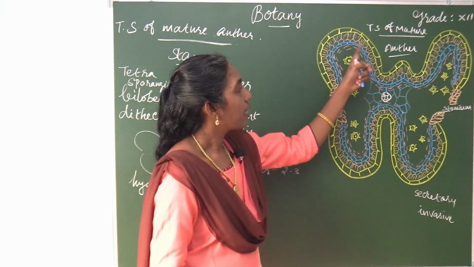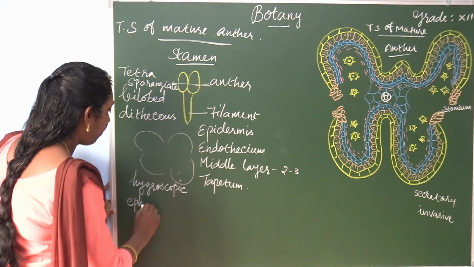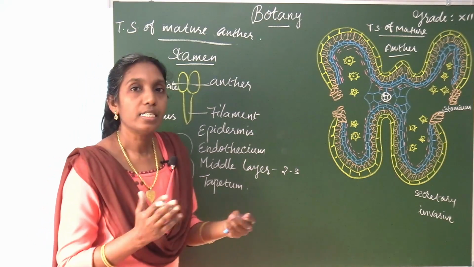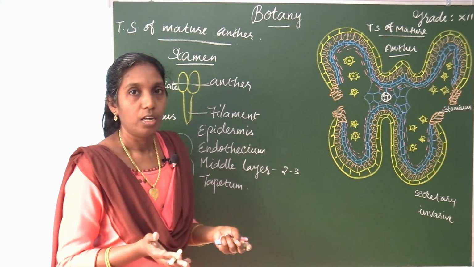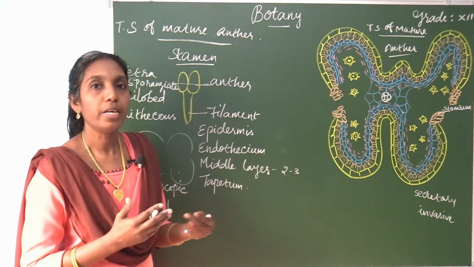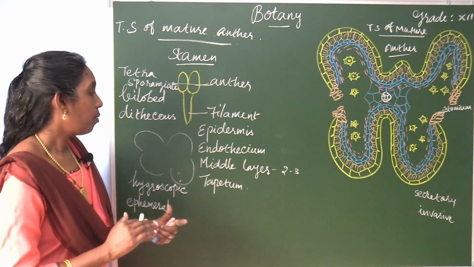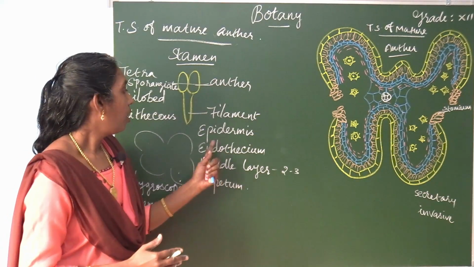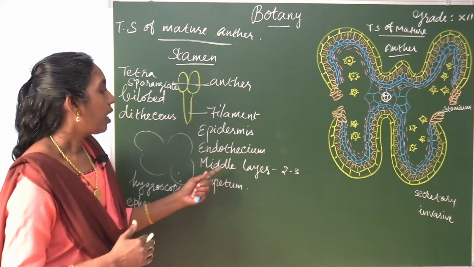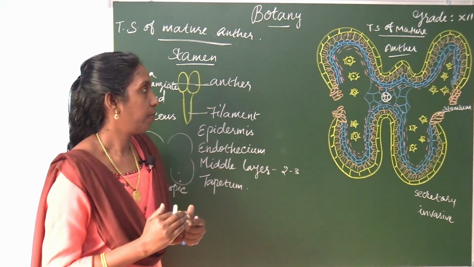Normally, this middle layer is ephemeral, which disintegrates very soon. It is not permanent, and that is called ephemeral. So the endothecium is hygroscopic, and the middle layers are 2 to 3 layers.